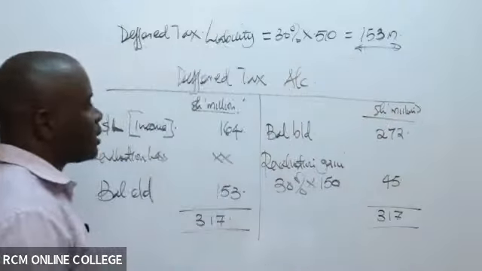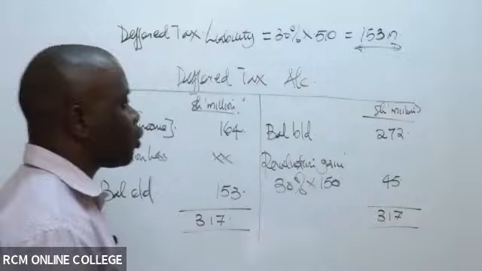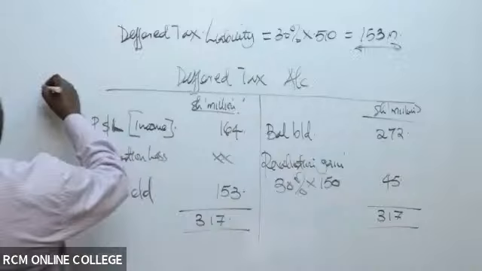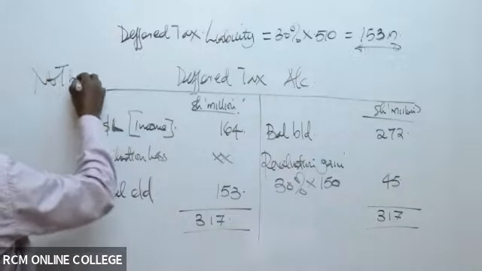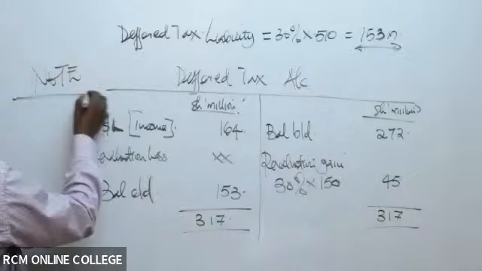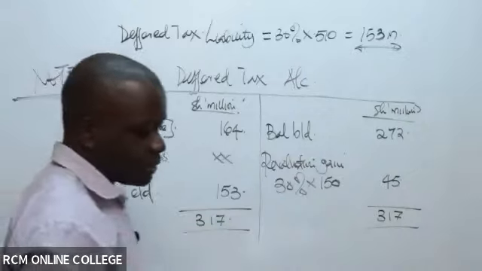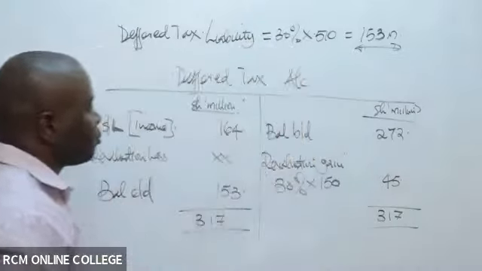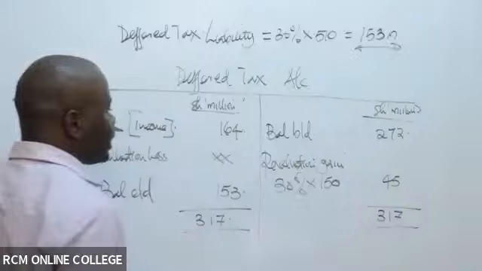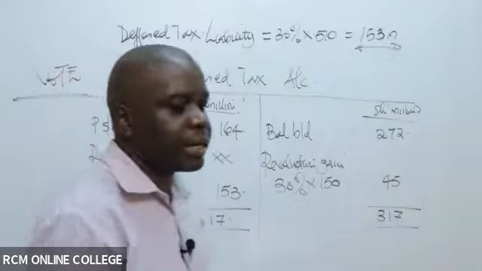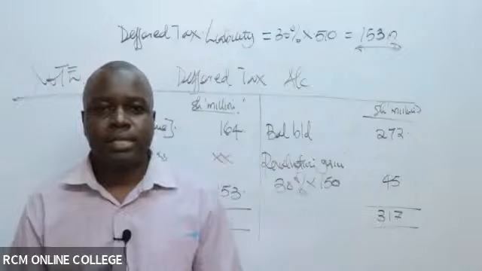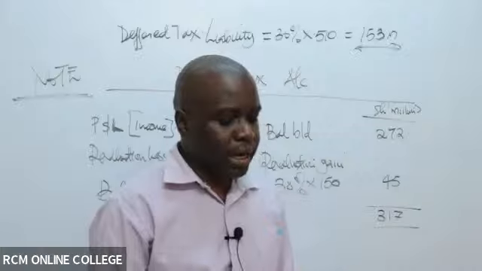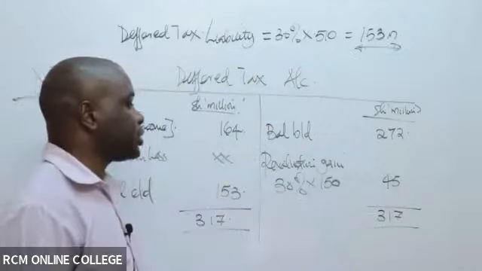So of course, there's something I've mentioned which I want you to note in your book. You can write NB. You can write a note like this. Then you talk about this revaluation gain.